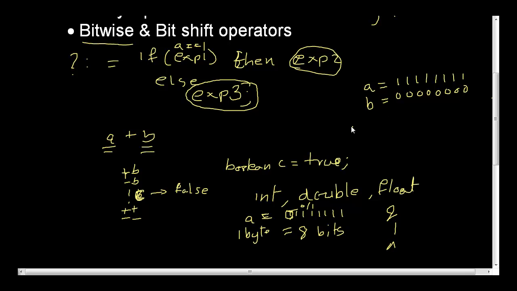And now if we do A and B, it will do a bitwise AND of these two bits, 1 and 0, which is 0. Similarly, of the next two bits, 0, and hence this whole thing is going to be 0. This is used very often for bit level manipulation.